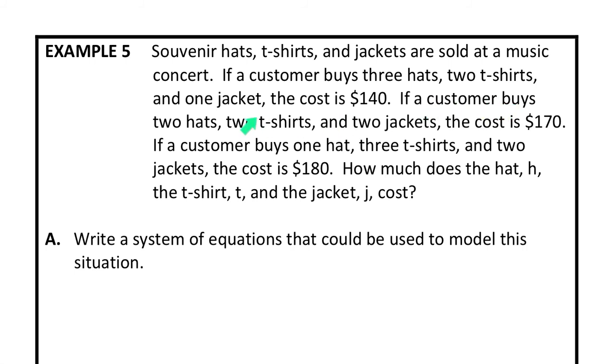If a customer buys 2 hats, 2 shirts, and 2 jackets, that's going to cost $170. And if a customer buys 1 hat, 3 shirts, and 2 jackets, that will cost $180. How much does the hat, t-shirt, and jacket cost? And so they're using H for hat, T for shirt, and J for jacket.